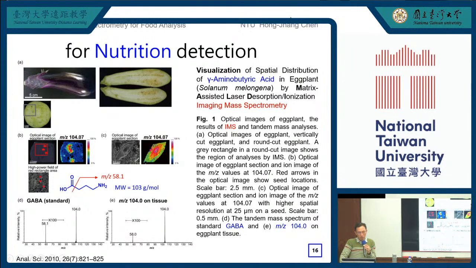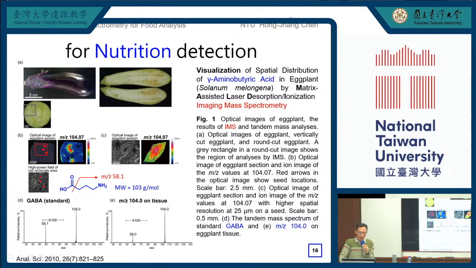The molecular weight of GABA is 103, but they detect 104. Why? That's because the MS technique only detects the charged ions in the gas phase, right? So in this case, GABA has a proton. So this one, 104, is the protonated molecular weight of GABA.